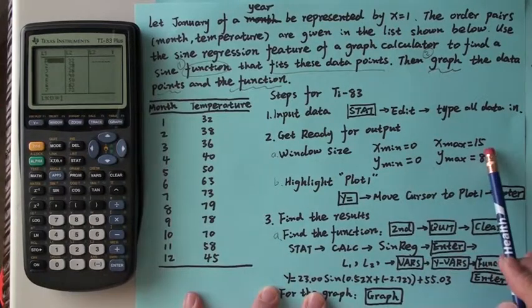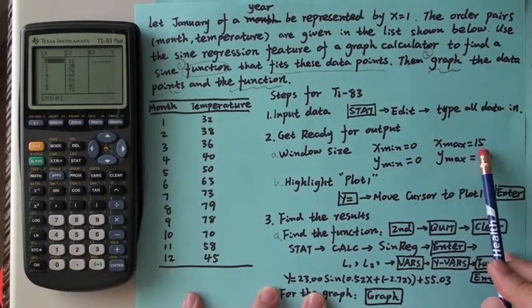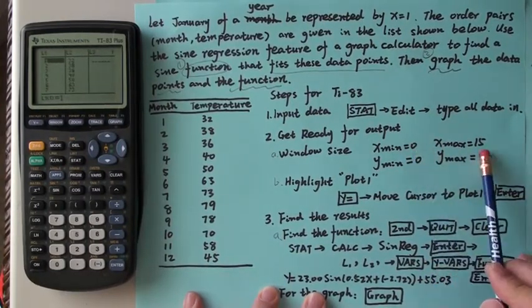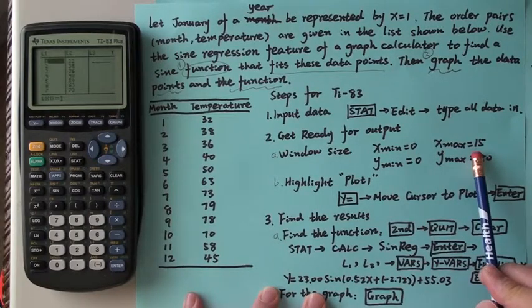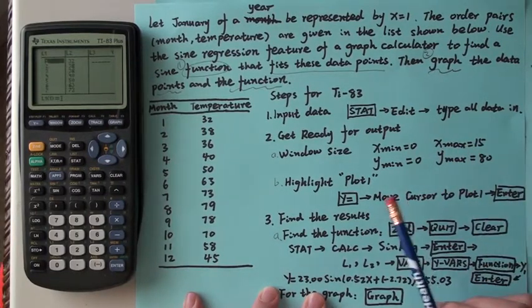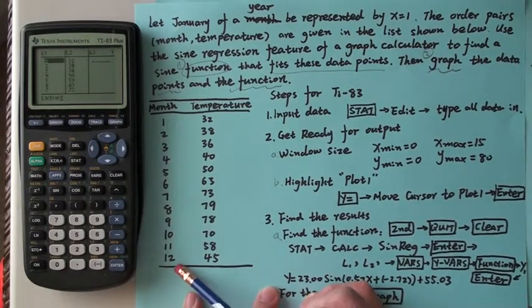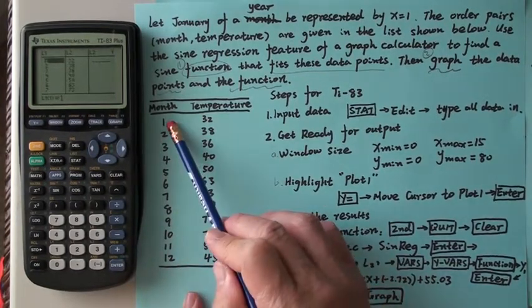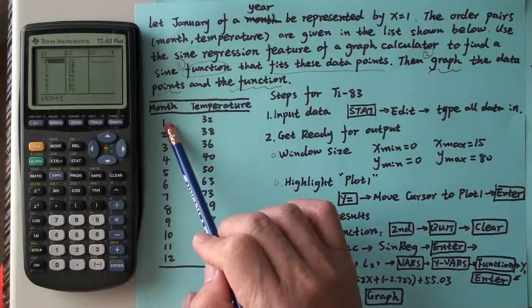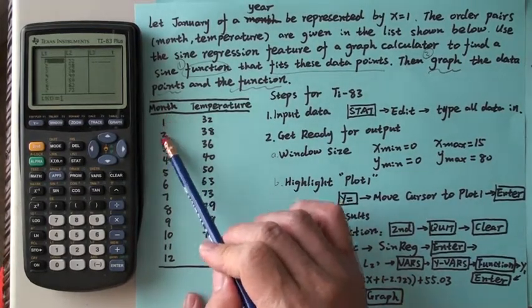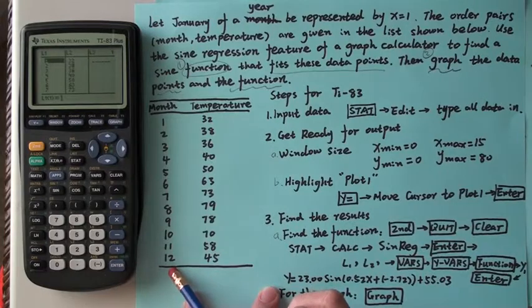So I put it a little bit bigger, from 0 to 15. You may put 0 to 14, 0 to 13, or 0 to 12, that's fine. But normally it wants to be a little bit bigger than 12 and less than 1, then all those X values you will see.